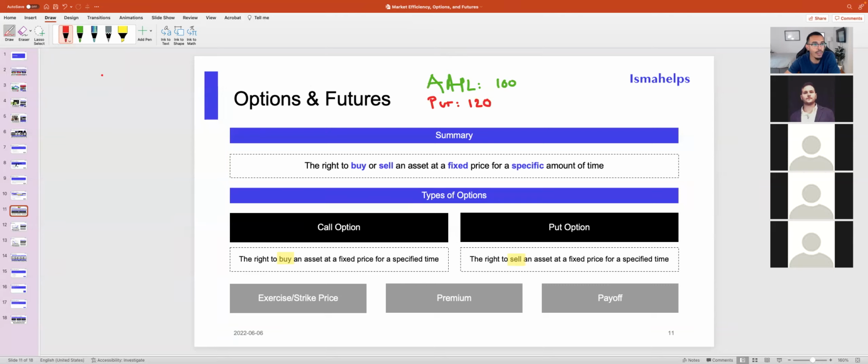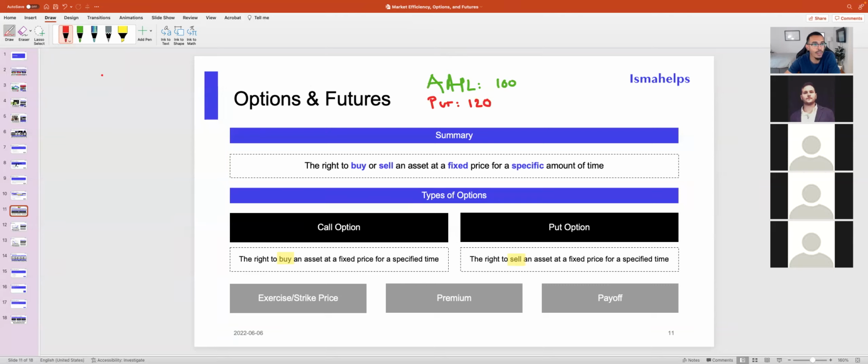Would you rather exercise your put option? Yes or no? Tell me. Would you decide to sell your stock at $120 instead of $100? What would you rather do? Would you rather sell your stock to someone at $100 if it's trading at $100 or at $120?